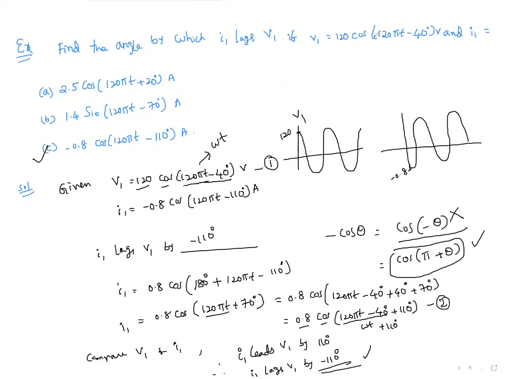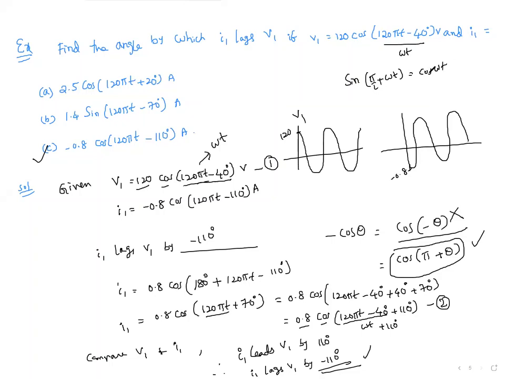Cos will become sine when, say, this is totally omega t. Okay, this is cos omega t. How to make it sine omega t? Sine pi by 2 plus omega t is equal to cos omega t.